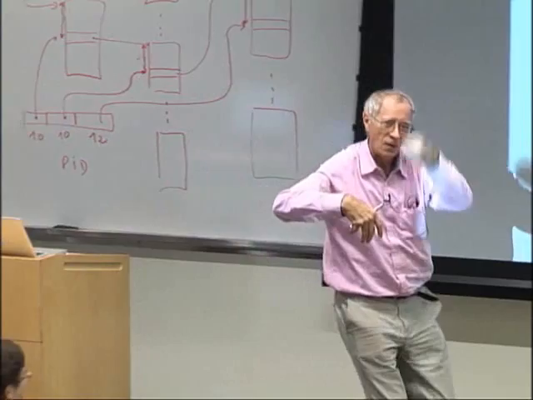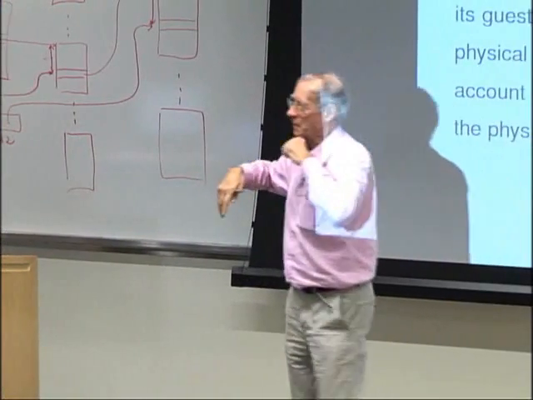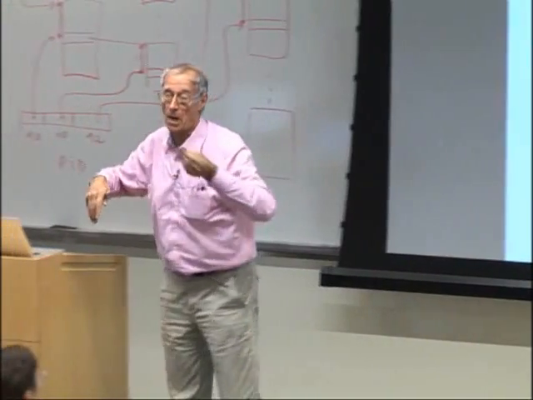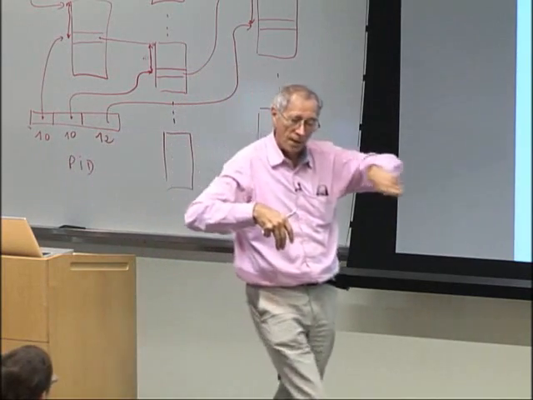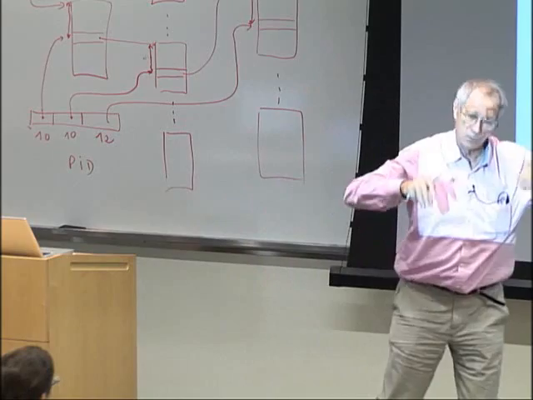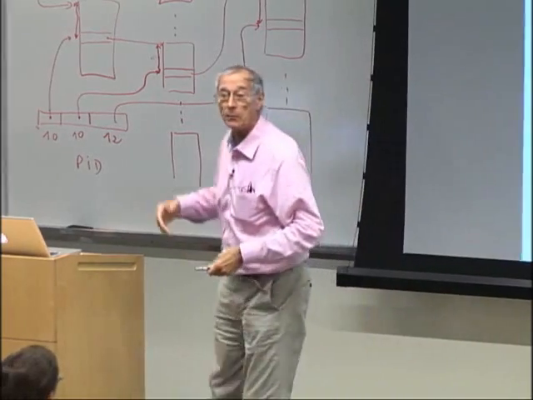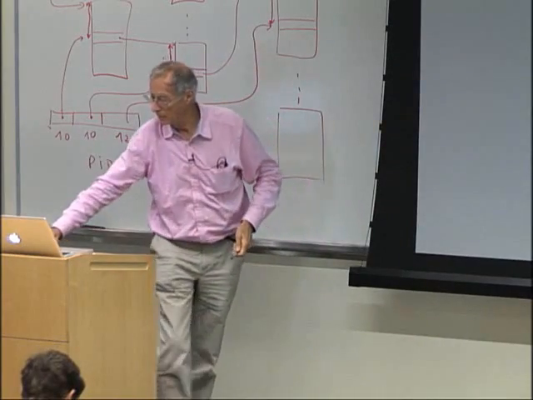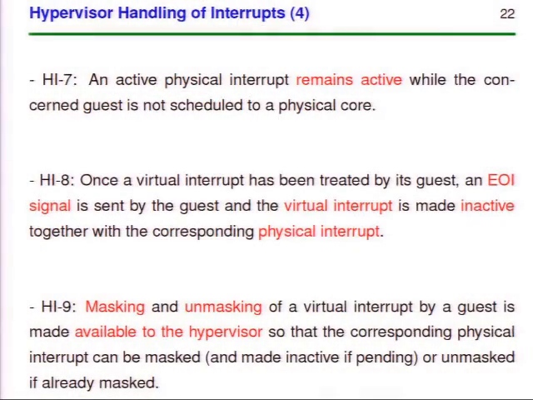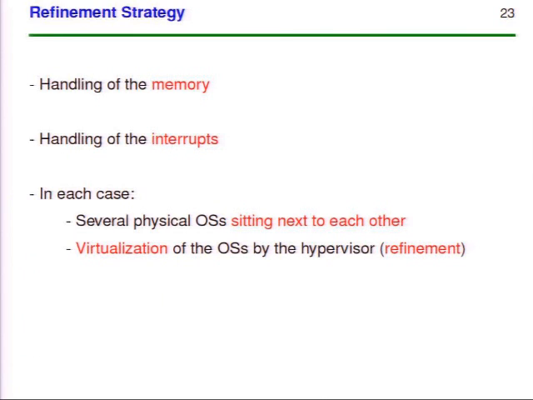It is trapped by the hypervisor and the hardware, which makes this virtual interrupt inactive, and as a side effect, it also makes the physical interrupt inactive. So you see the story of a physical interrupt arriving. That's more or less what is described here.